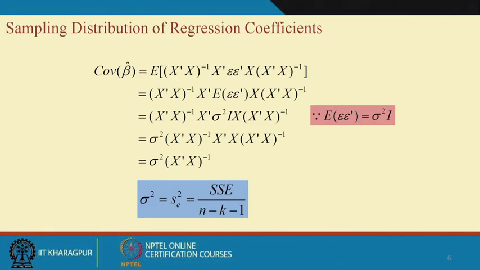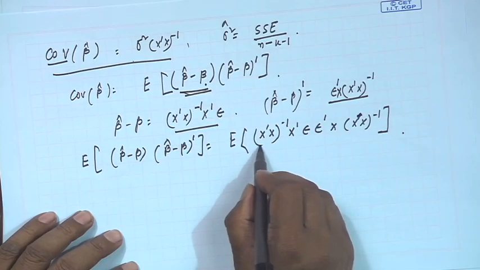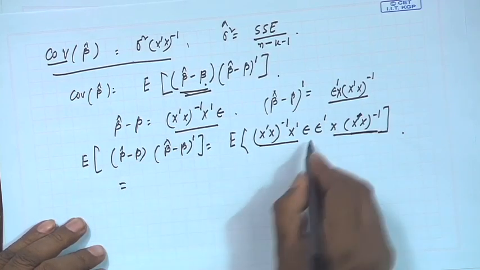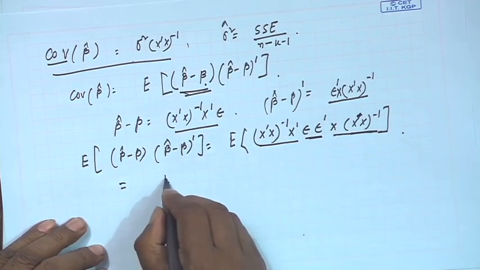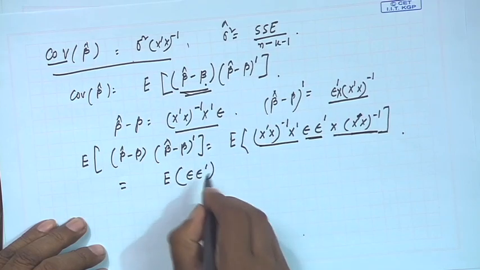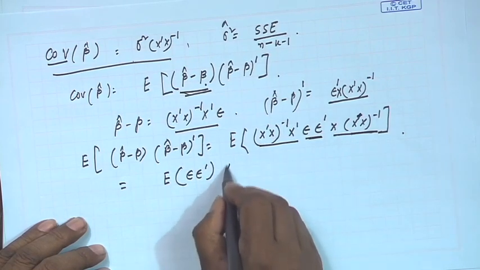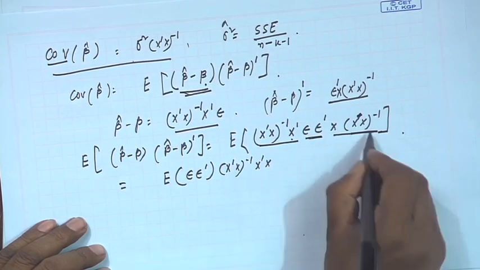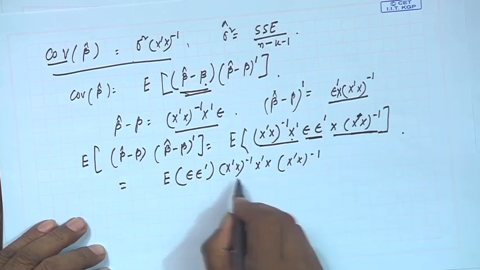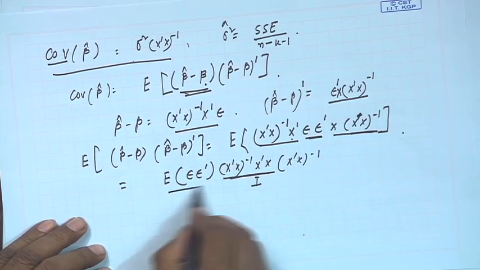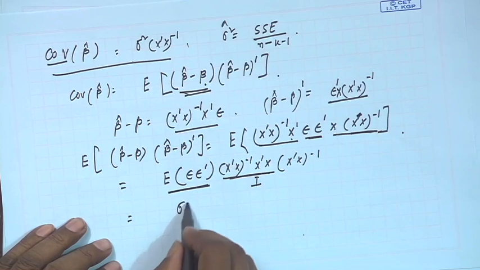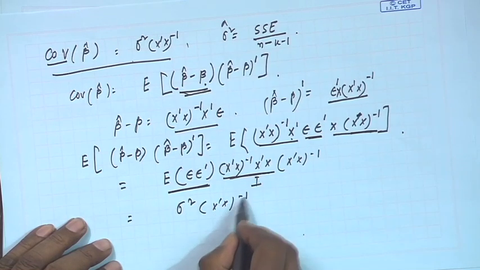This is the fixed one, this one is also a fixed quantity. So, if you take out all those things, then ultimately you will be getting expected value of epsilon epsilon transpose into this x transpose x inverse x transpose x into x transpose x inverse. Now, this quantity becomes I, and this quantity becomes sigma square. So, sigma square x transpose x inverse.